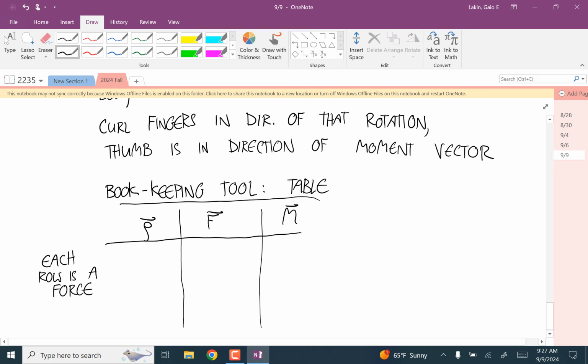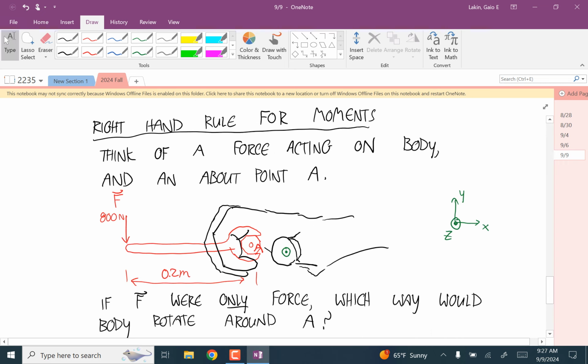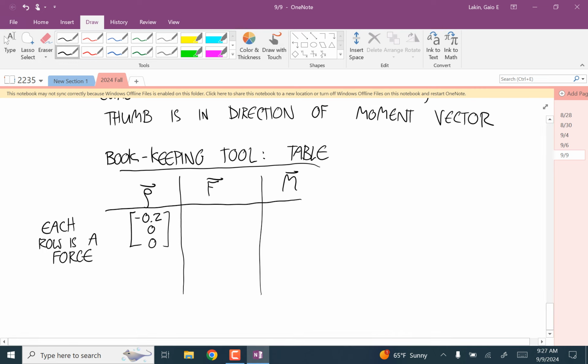So this is going to be negative 0.2, 0, 0. The force vector is in the negative y direction at 800, so this is going to be 0, negative 800, 0.